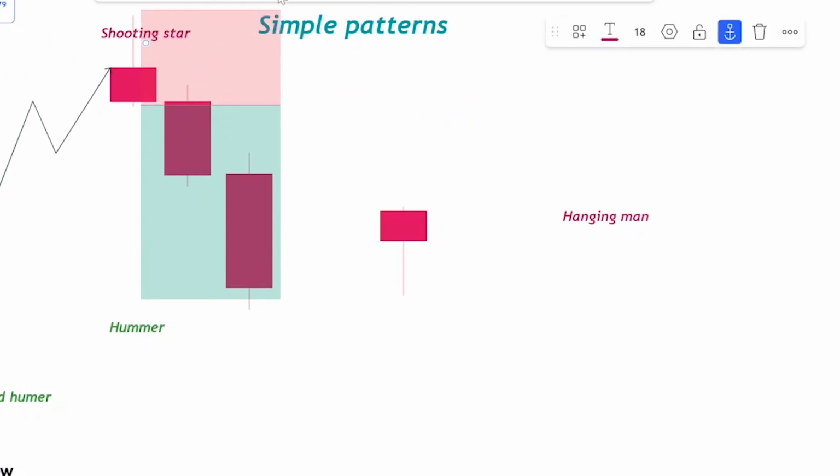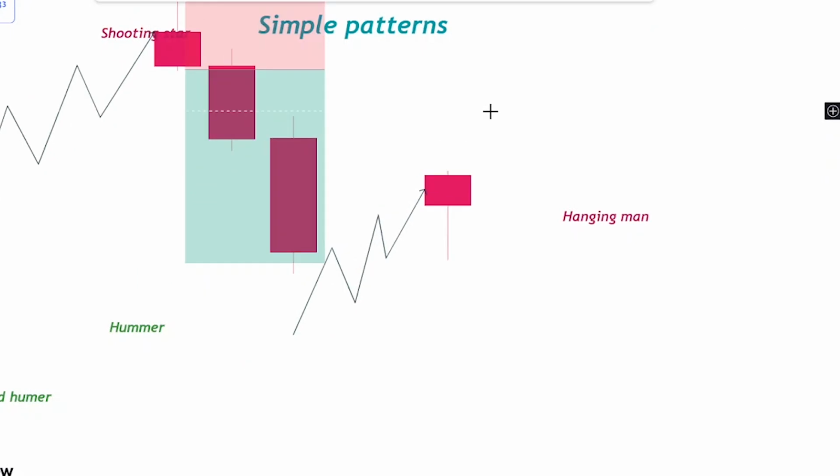Okay, so from this area, we have a formation of a hanging man, which indicates that the market is going to be reversing or changing the direction to the downside. We are expecting the market to move down. Okay, we are expecting bearish candles to take our market downtown.